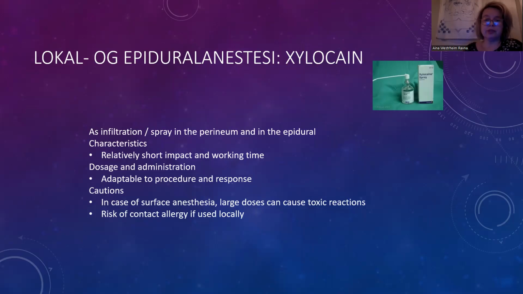Xylocaine has a relatively short impact. It works quickly, and it has a short working time. And also, when it comes to xylocaine, it is adaptable to procedures and response.